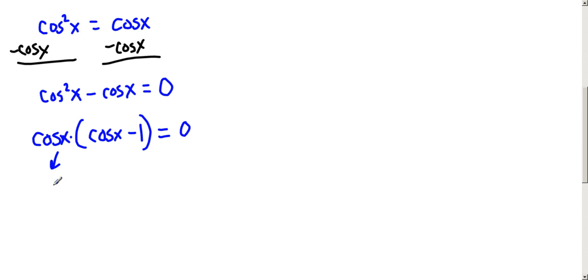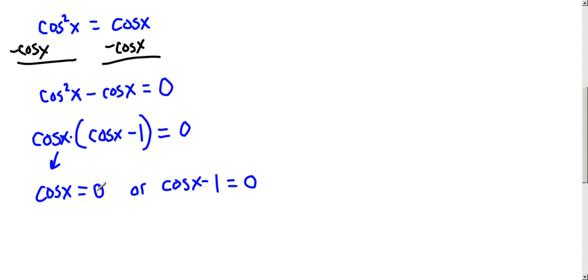So either cosine of x has to be 0 or cosine of x minus 1 has to be 0. This is the same method that you used in Algebra 1 when you solved quadratic equations by factoring, when you factored them into two binomials and set each one equal to 0. This is the zero product property.